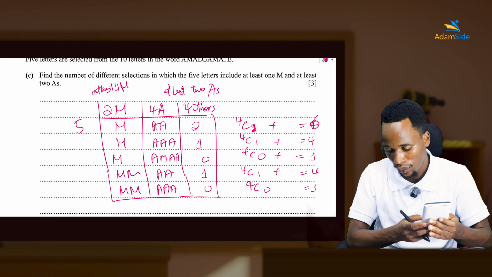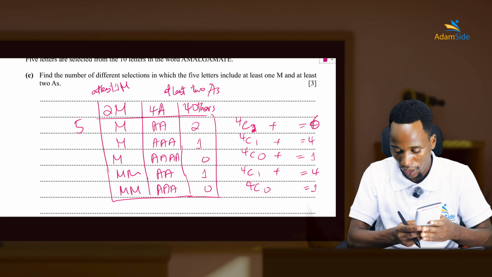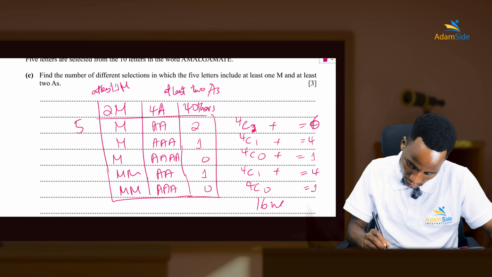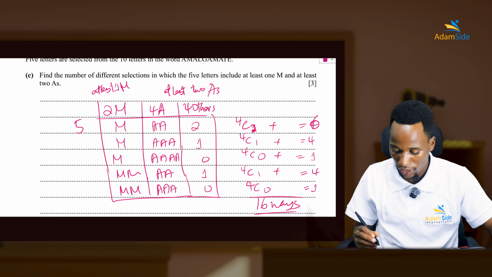So we take 4 plus 1 plus 4 plus 1, which equals 10. So there will be 10 ways. Now we can move to the next question.